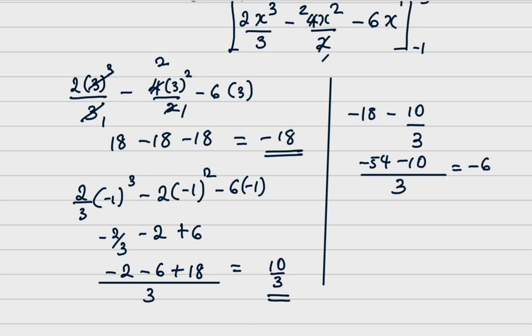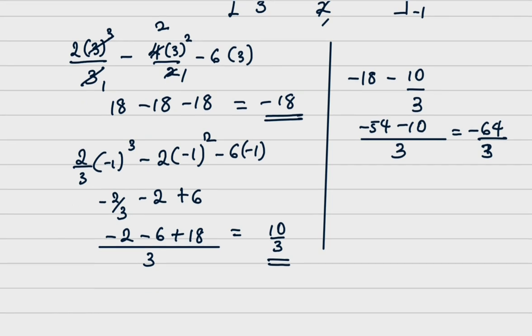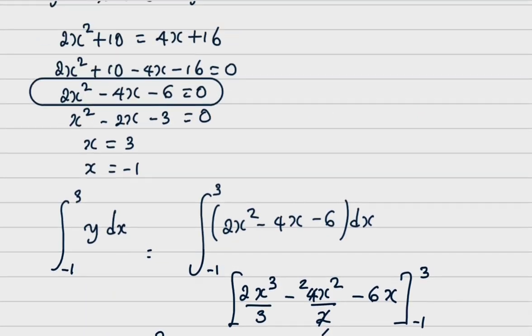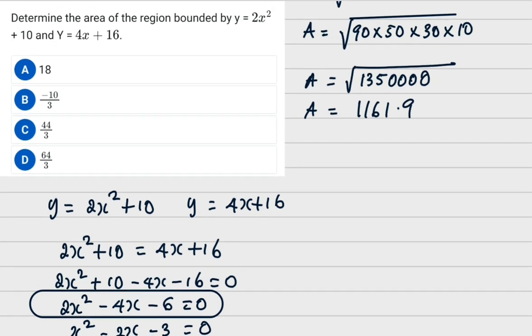So it's going to be -64 over 3, sorry. Now, but listen, you can't have a negative area, so we talk about the absolute value. So the answer is 64 over 3. So we go straight to the options, and we can see that our option is option D, which is 64 over 3.